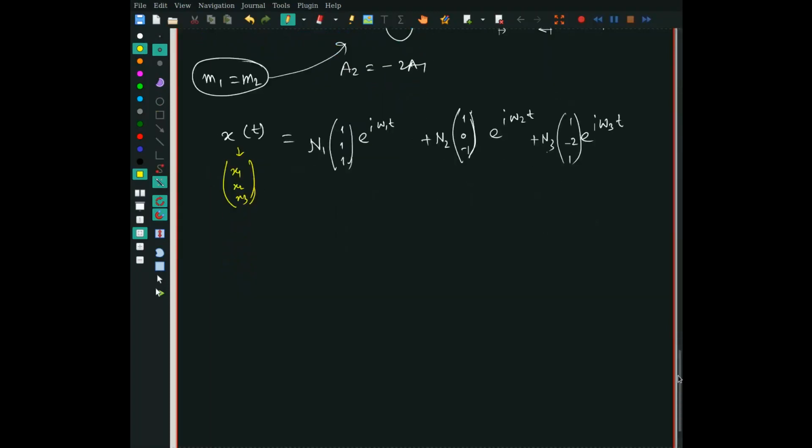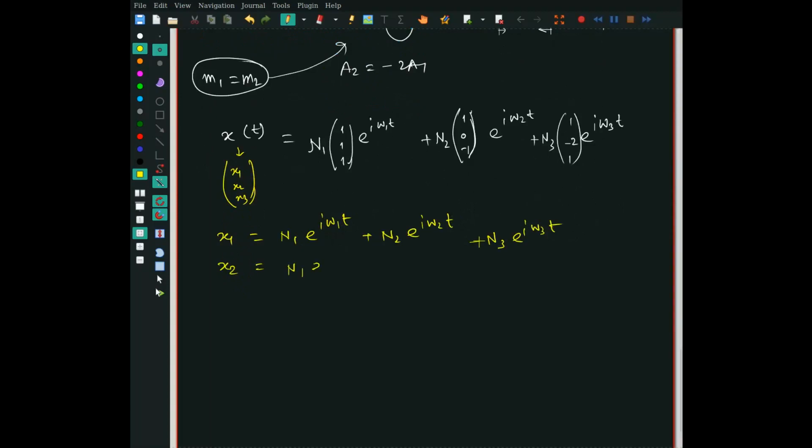So that means if you split it up, x1 equals n1 e to the power i omega 1t plus n2 e to the power i omega 2t plus n3 e to the power i omega 3t. x2 equals n1 e to the power i omega 1t minus 2n3 e to the power i omega 3t.